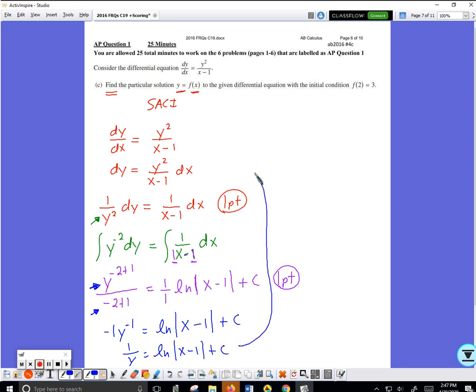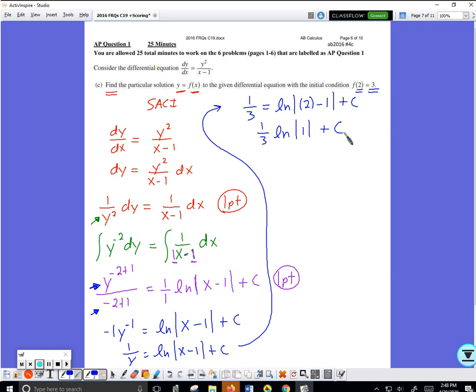So we'll move this all the way up here. The y value is 3, the x value is 2. So you get 1 over 3 equals natural log absolute value of x subtract 1 plus c. That's 1/3 natural log absolute value of 1 plus c.